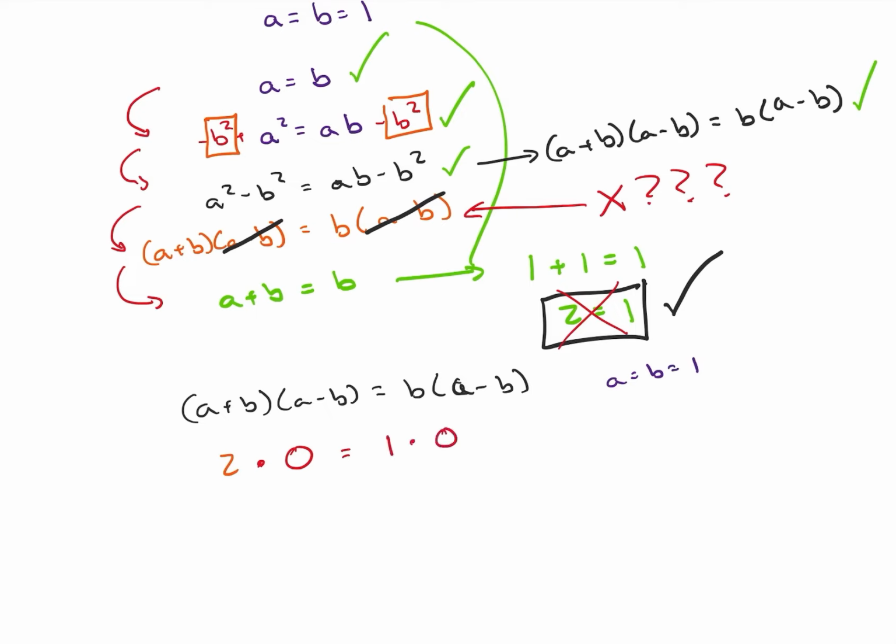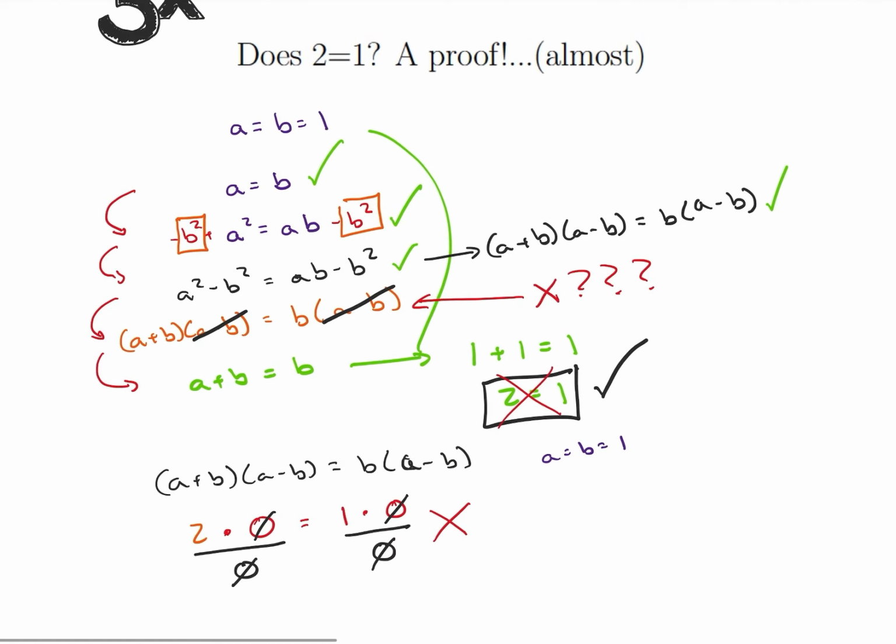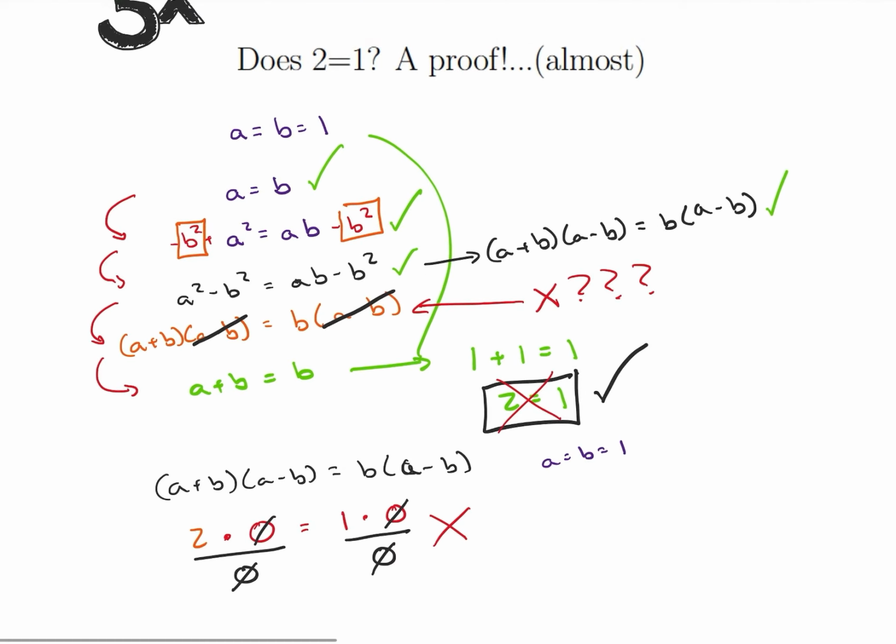What I did, which was kind of sneaky because we had it in terms of a and b, was I divided both sides by that 0, by a minus b. And obviously, you guys know that we are not allowed to do that. So we've done an illegal operation. That's why we were able to almost do this proof that 2 equals 1.